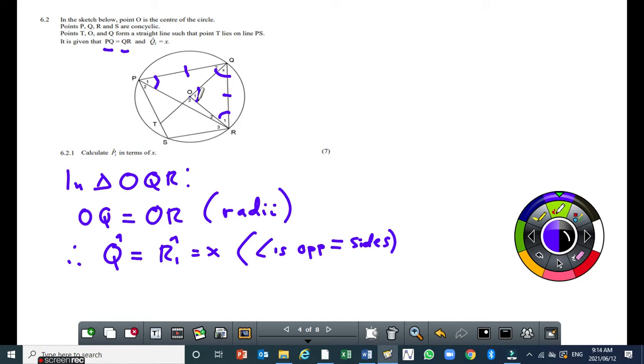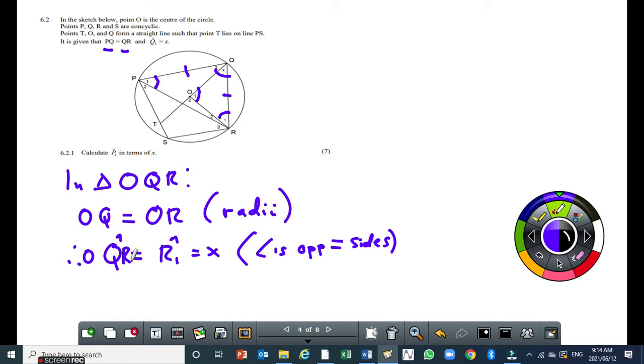Why is angle P? It's not Q, but you have to write it as O. I can write it as OQR. It's OQR, it's not entirely Q. Or rather, I think they labeled it as Q1. Yeah, it's labeled as Q1.